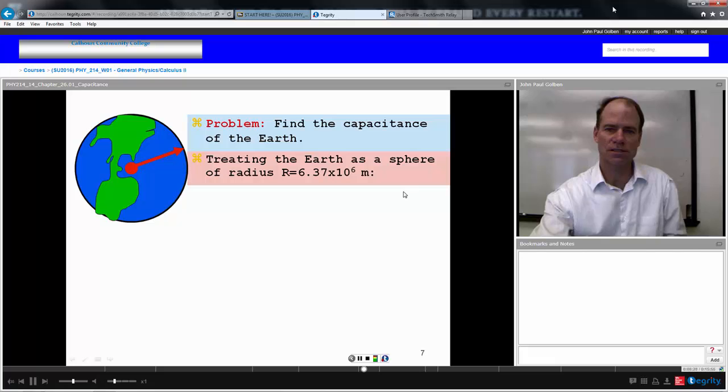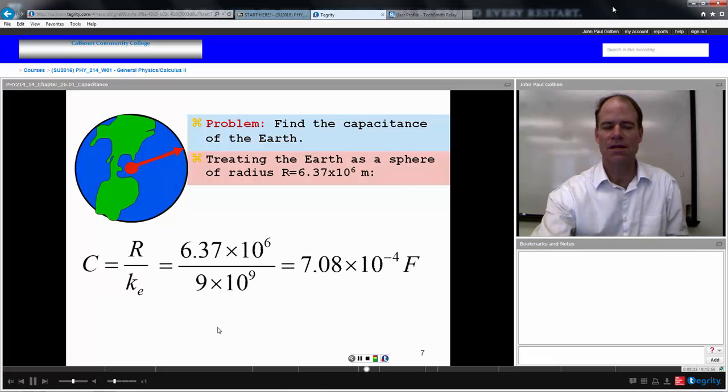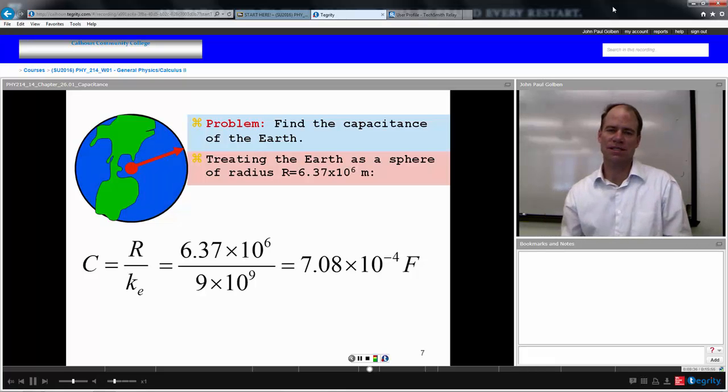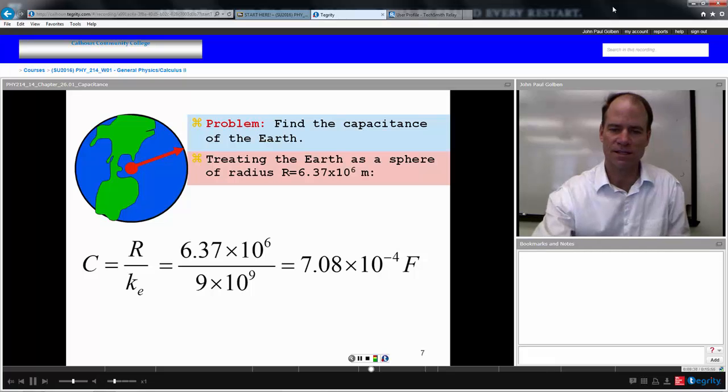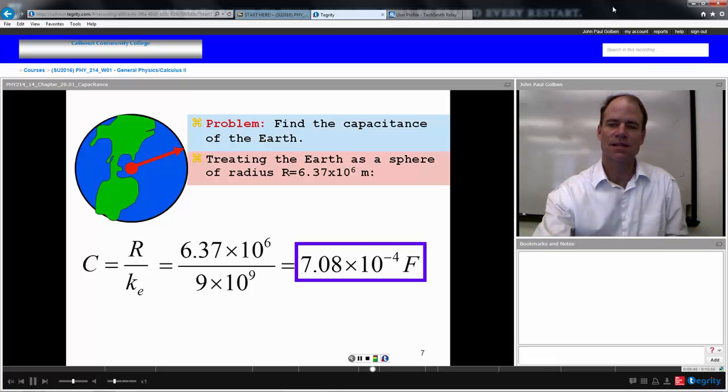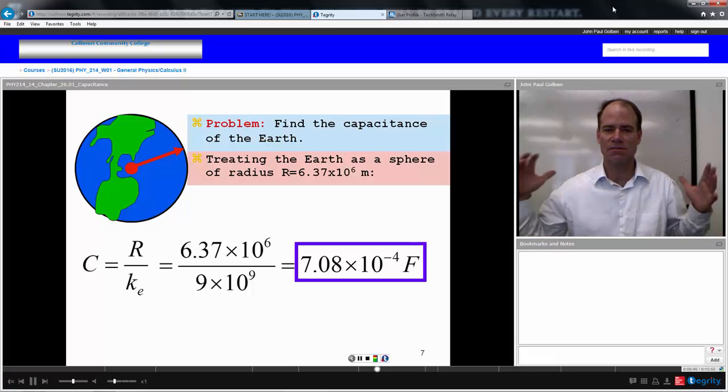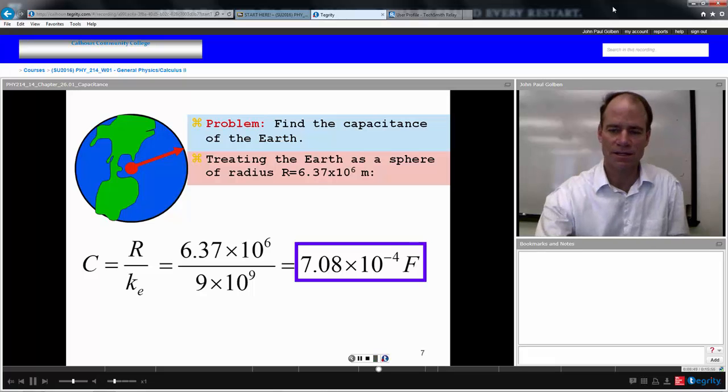Treating the Earth as a sphere, radius 6.37 times 10 to the 6 meters, the capacitance is the radius of the Earth, 6.37 times 10 to the 6, over our famous K constant, 9 times 10 to the 9, 7.08 times 10 to the minus 4 farads. Not very much, but that's the capacitance of a sphere the size of the Earth.